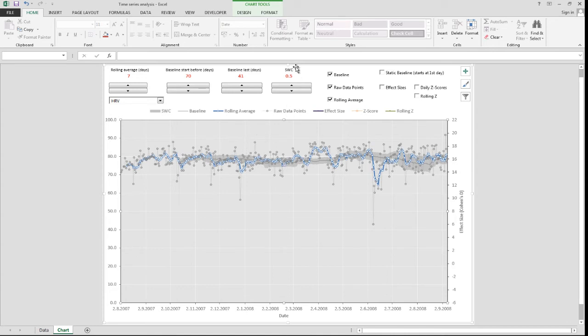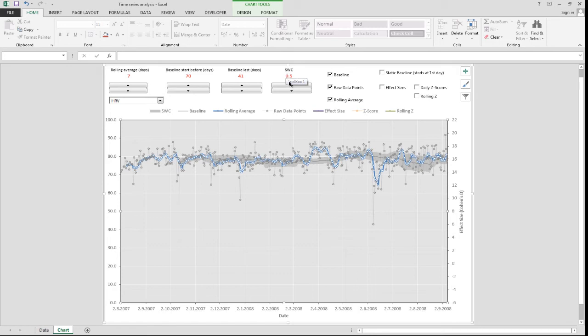The light gray area is the smallest worthwhile change, and it's related to a standard deviation of the baseline. According to Will Hopkins, for individual data, it should be 0.3 to 0.5, depending. In his earlier works, he referred to 0.5, if I remember correctly, and now he changed it to 0.3.